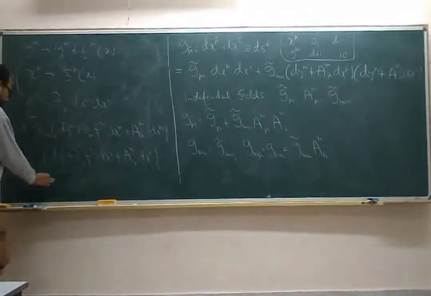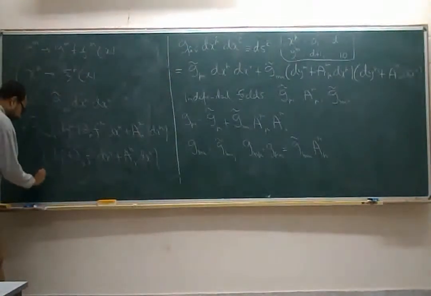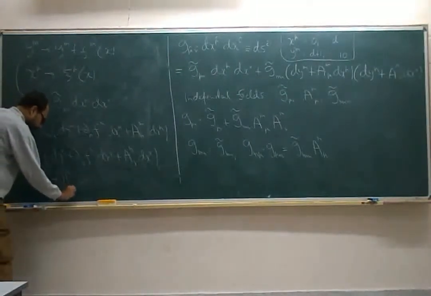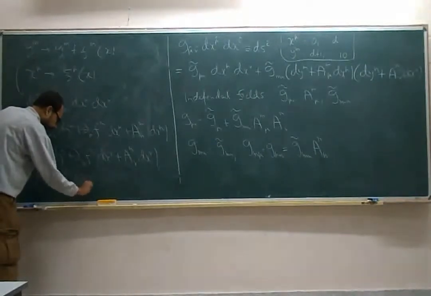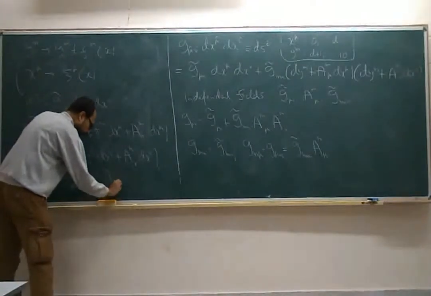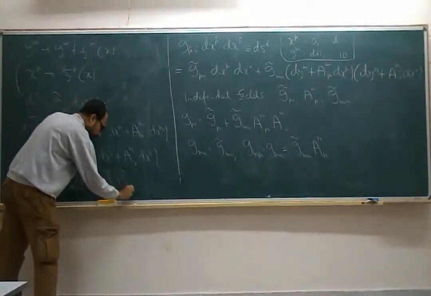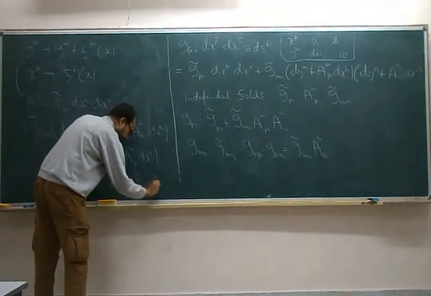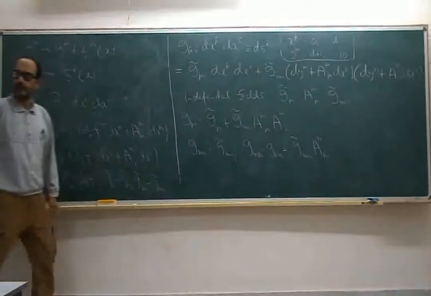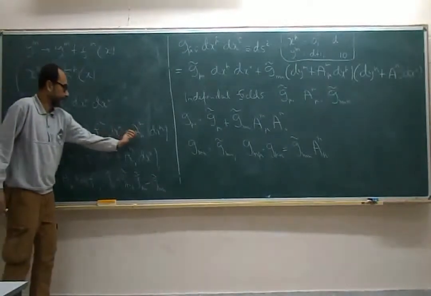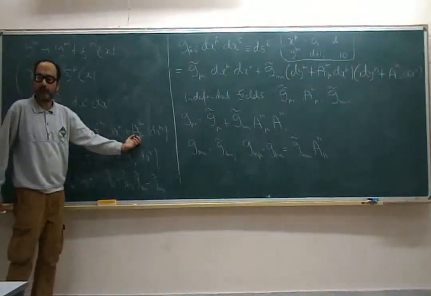And you can see that the net effect is essentially that A m mu goes over to A m mu plus del mu f m. No other field changes. G tilde mu nu goes to G tilde mu nu and G tilde mn goes to G tilde mn, because the only change is effectively that you are adding a del mu f m to A m mu.